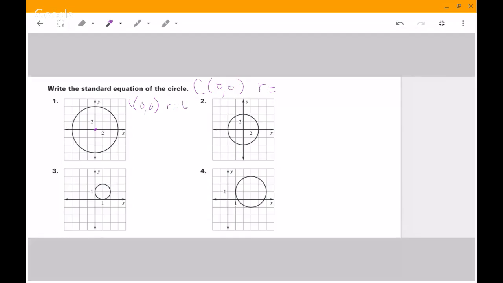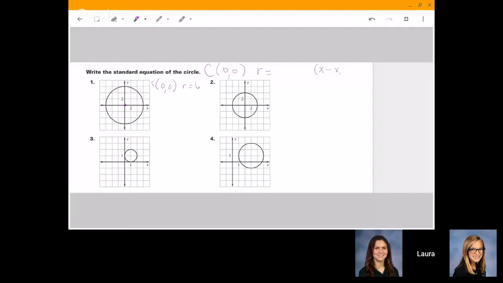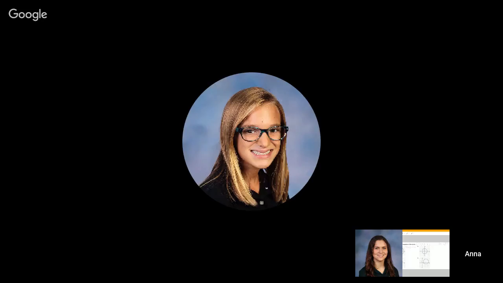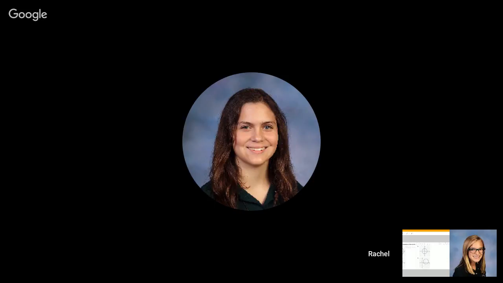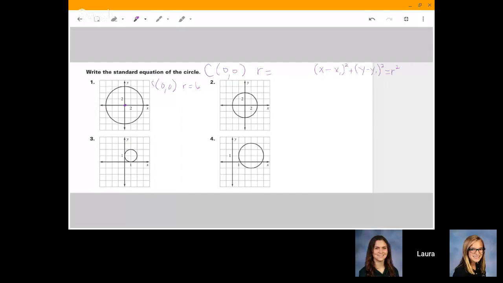So then the format for the equation of a circle is always (x minus h) squared plus (y minus k) squared equals the radius squared. I do x sub 1, but I think they use an h, but it's the same idea. So you plug in the information that you found from the graph into the equation.